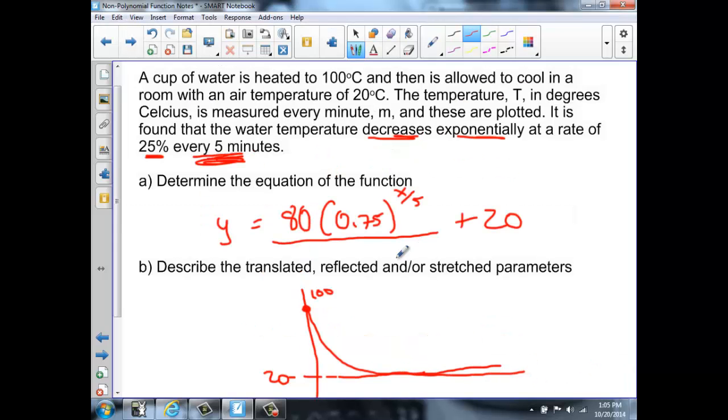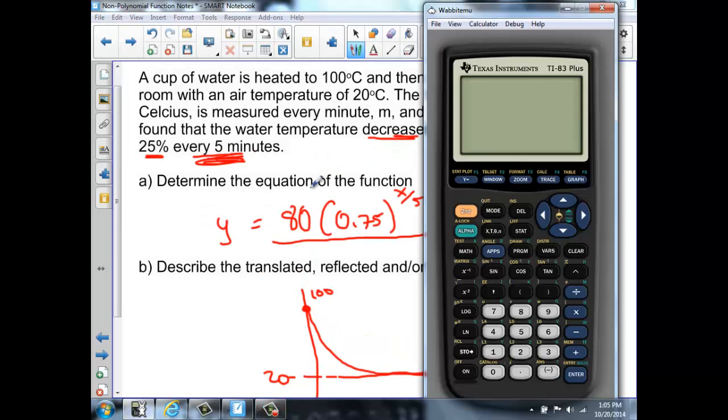So let's just graph this in our calculator to make sure. So 80, 0.75 to the power of bracket x divided by 5, and then add 20.